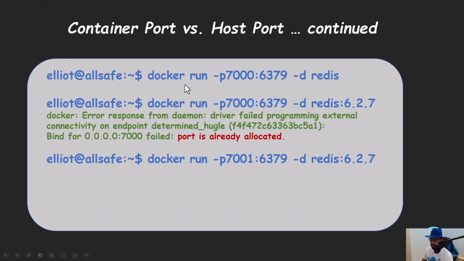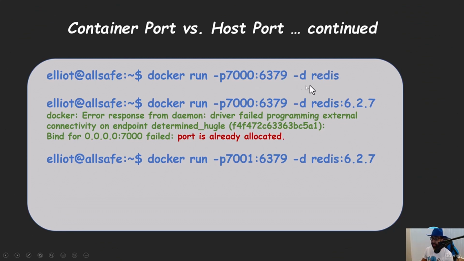So here we can run a Redis container, and we can do the port binding here. So -p, which stands for port, 7000 here, which is a host port, colon followed by the container port. And I'm running this in detached mode.